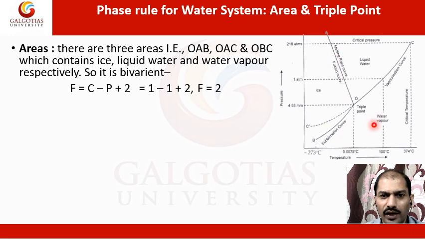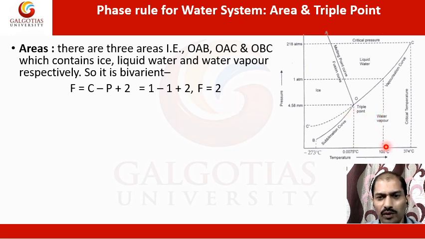But if you are taking the two different phases where the transition is taking place, say the solid-liquid transition, then two phases will come, and in that case this value will come to 1.